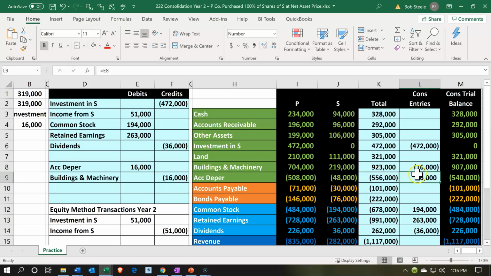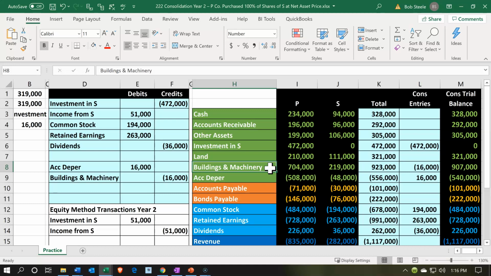So why would we do that? Because at the point in time two years ago, we're going to represent this as of that point. It's like we took the book value of S's building and equipment and put them together and represented them as of that point in time, as the new cost, as if we purchased the building and machinery at that point in time, which we then depreciated going forward from that point.